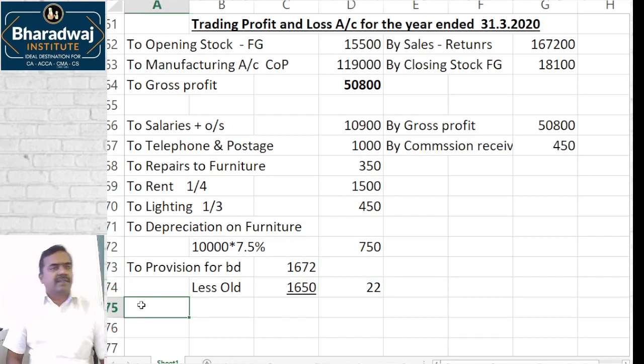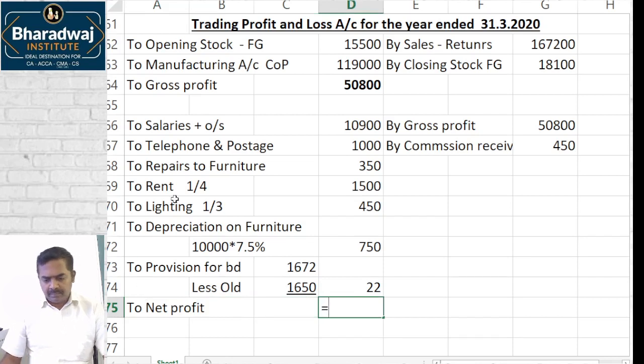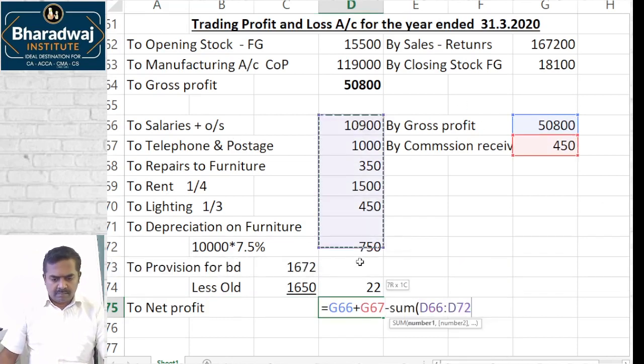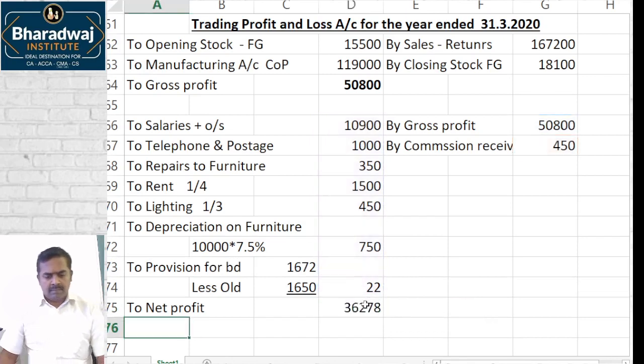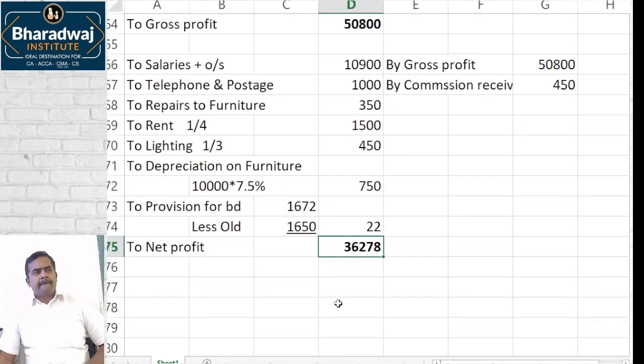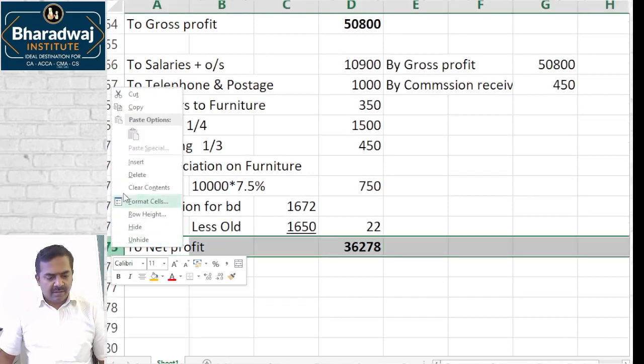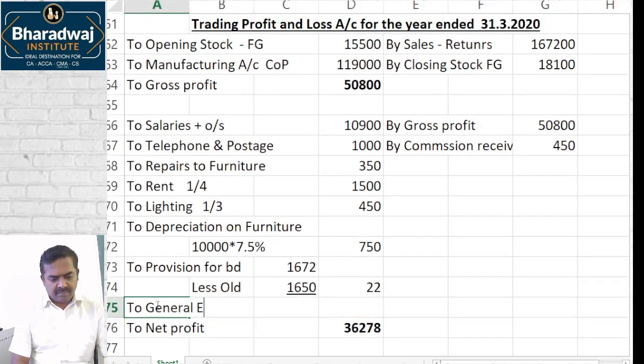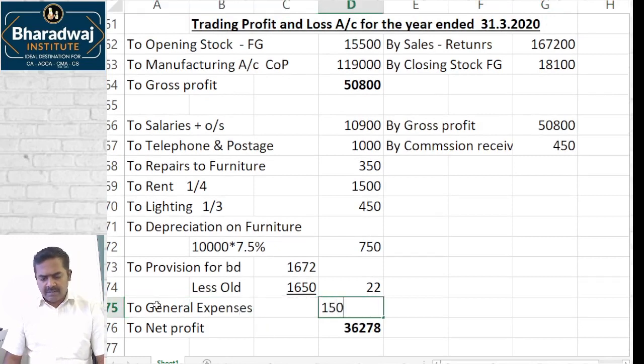Any current year bad debts given? No. Is there a general expense? 1,500. Don't forget. General expense 1,500.